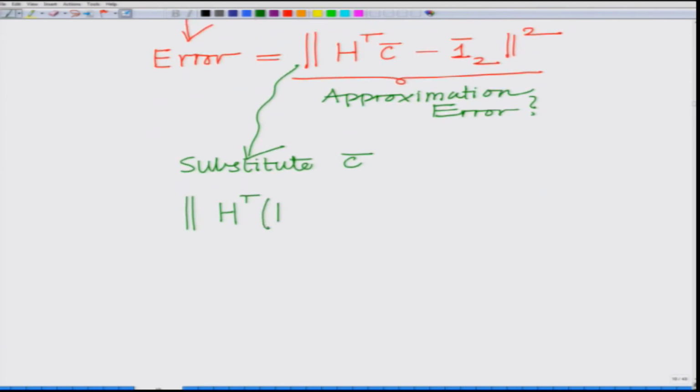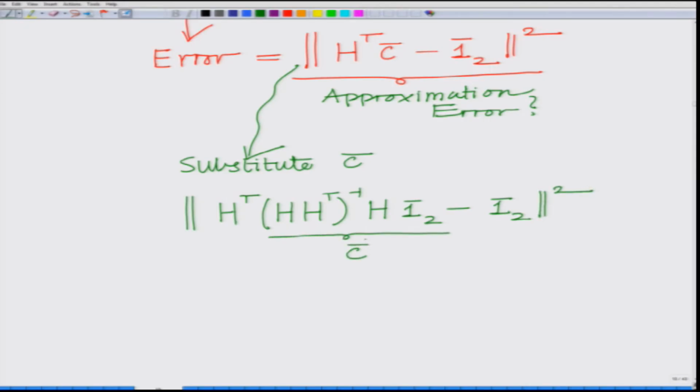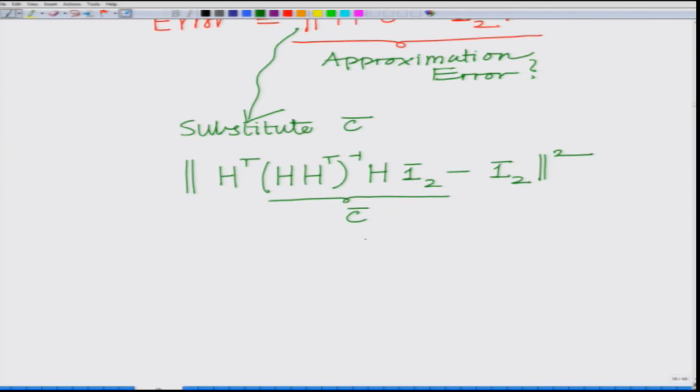This is the expression for C bar that we substituted from above.